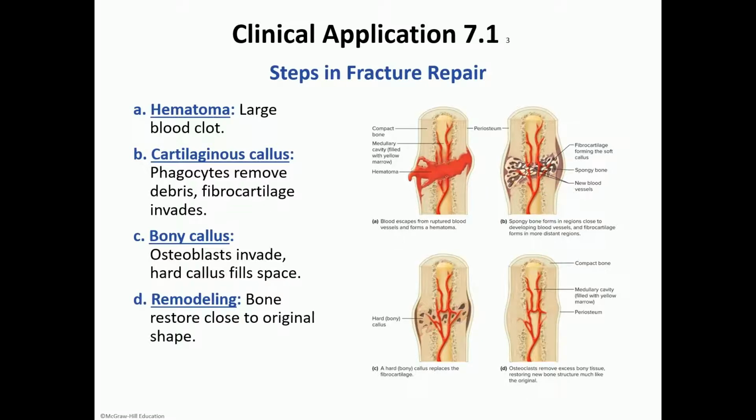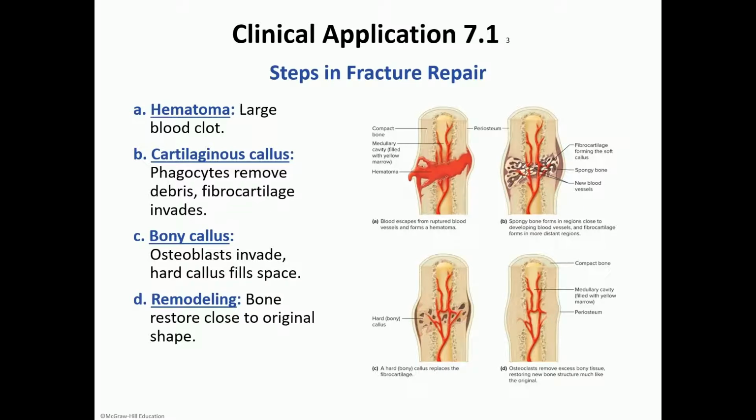And that sometimes actually does happen. And then we'd have to go surgically refracture the bone and reposition it and then cast it so that the healing occurs correctly. So again, we start off as a cartilaginous callus. The phagocytes, which are the white blood cells, are going to come in, remove cellular debris, attack any germs trying to come in.